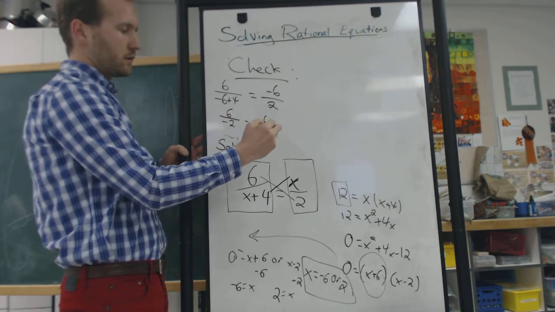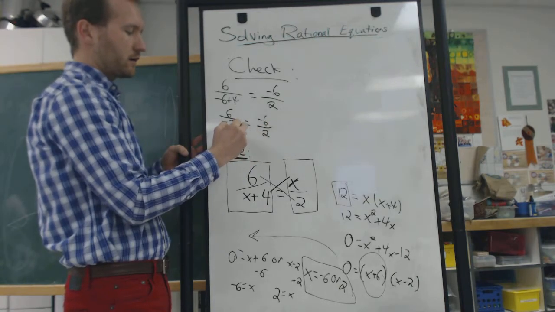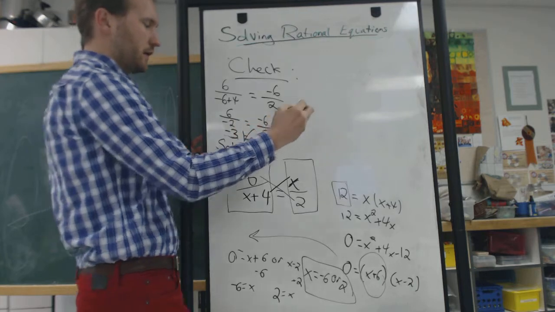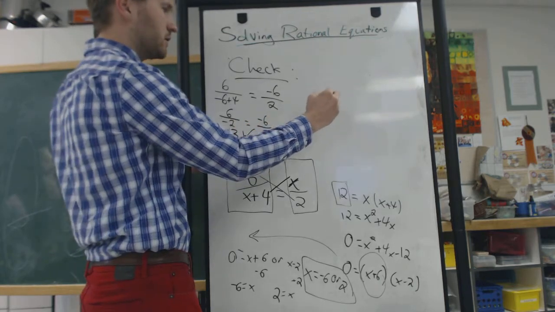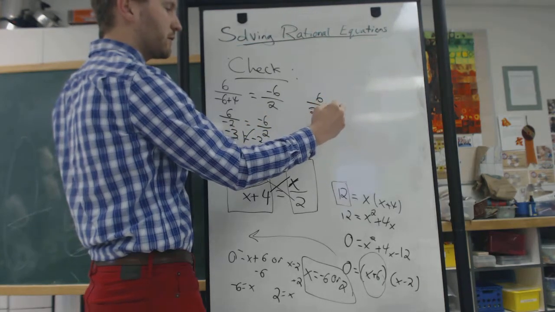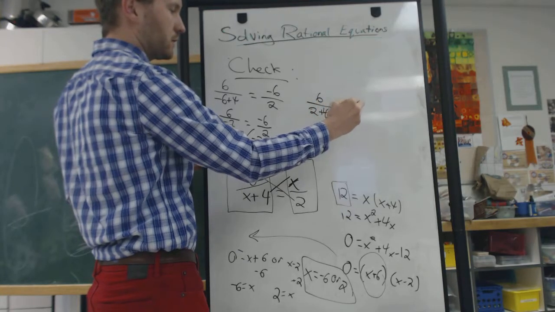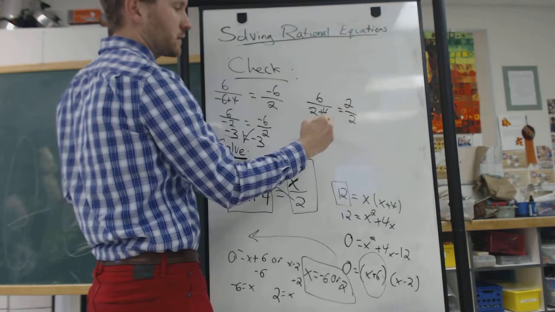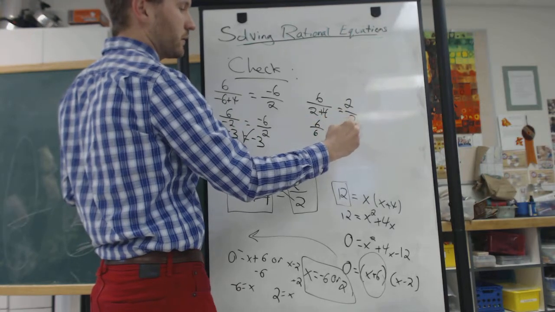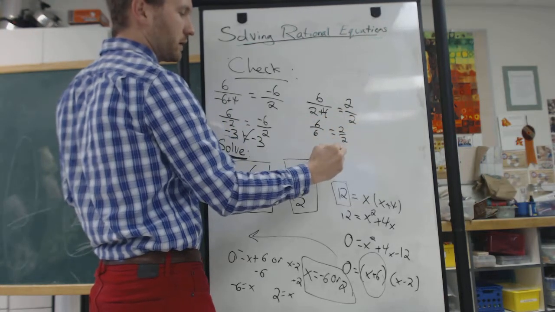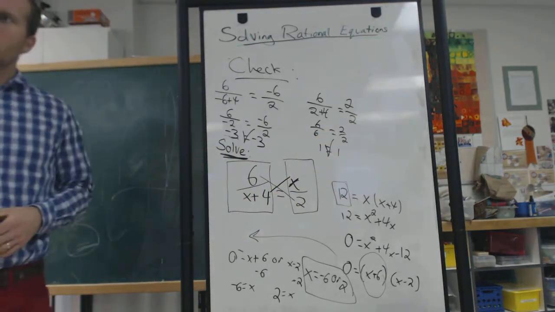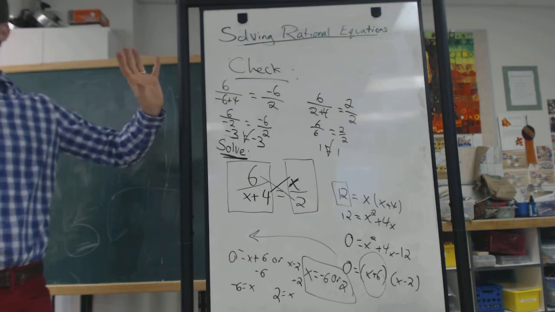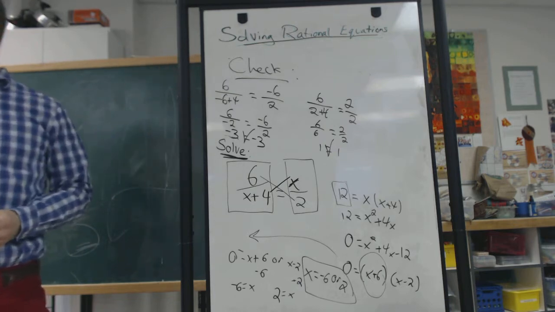Negative 3 equals negative 3. These are the same thing. So that checks. Let's also try plugging in our 2. 6 over 2 plus 4 equals 2 over 2. 6 over 6 equals 2 over 2. 1 equals 1. That also checks. Okay. It's definitely worth checking your work with these, because there's a lot of mistakes that you could have made along the way.